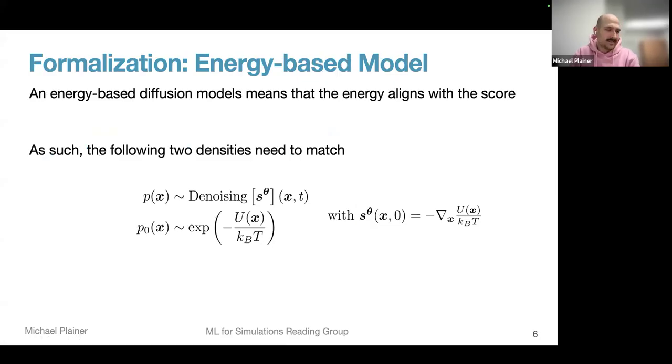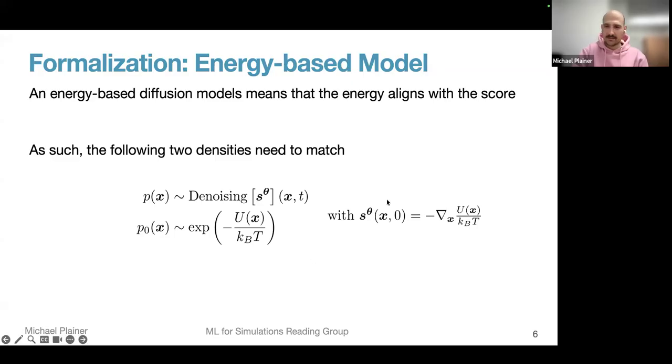Okay, now this gives us two different ways with such an energy-based model to access the probability from what we actually learned. One, we have this denoising score matching, the classical diffusion process, which gives us this p of x. And then we have another way of evaluating this probability.